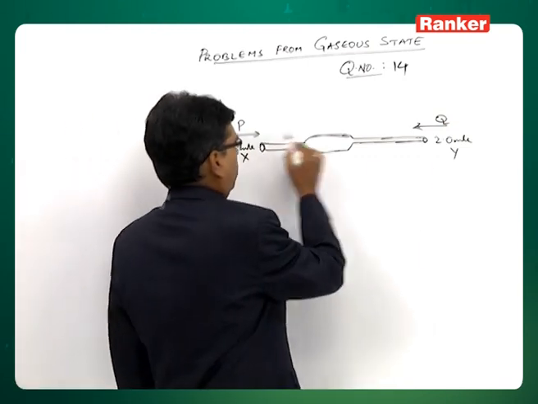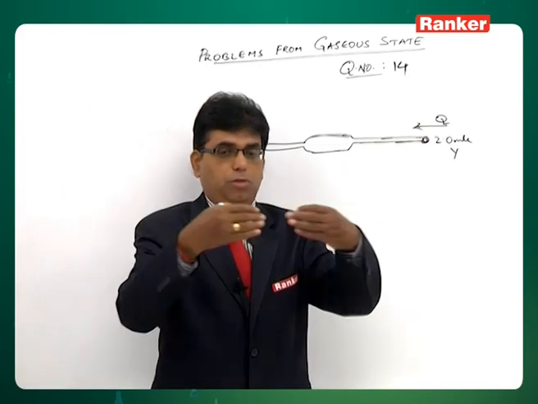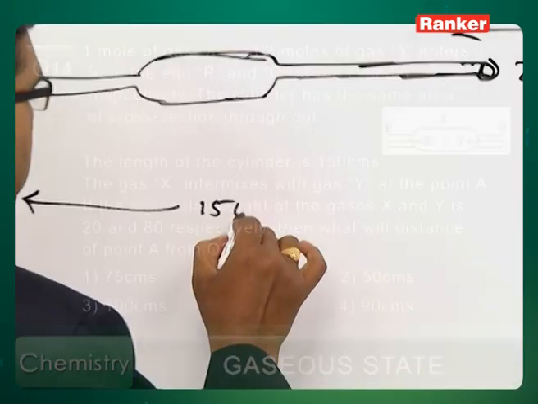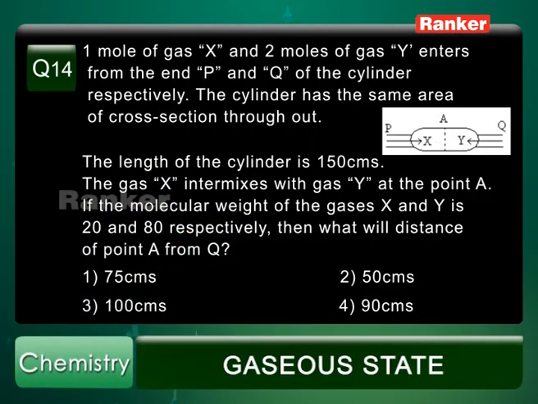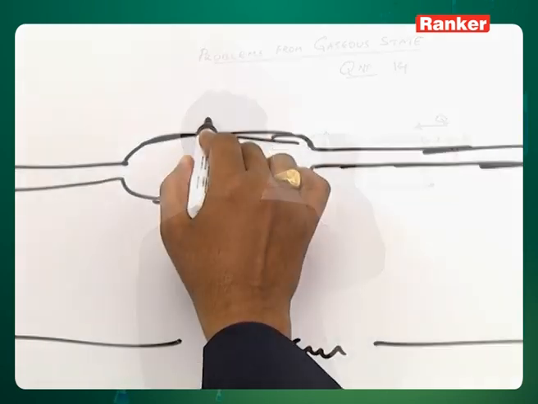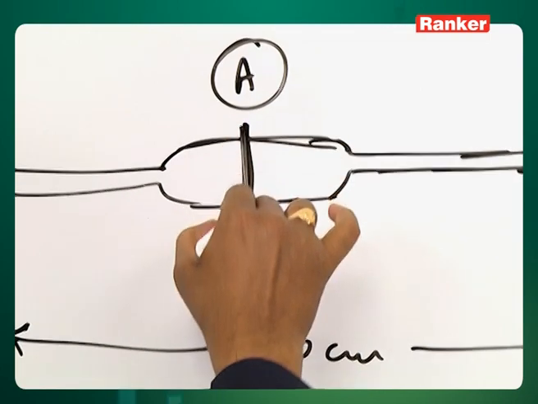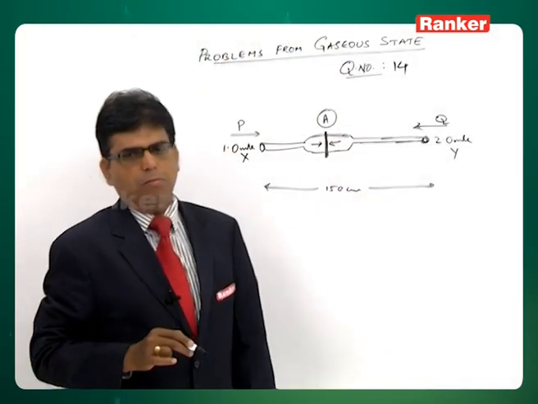So, the cross sections here and here are the same, because if the cross sections are different, then the ratio at which the two diffuse out will be different. And the length of the cylinder is 150 centimeters. The total length is 150 centimeters, right. And the gas X intermixes with gas Y at some point A. Suppose this is some point A where gas X and gas Y both mix with each other.